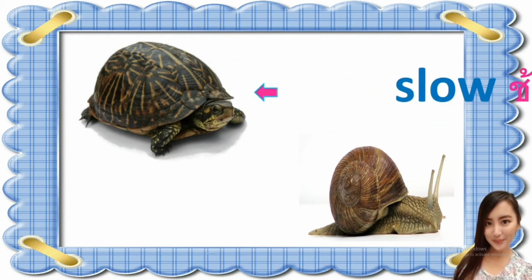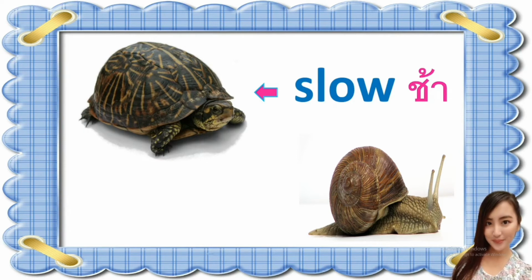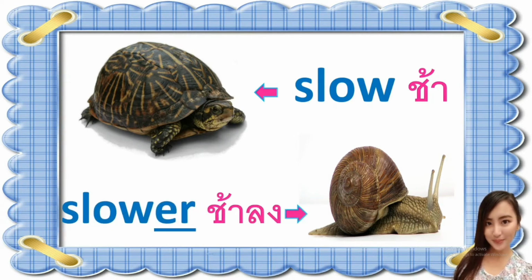Next, slow. So what is the comparative form of slow? Slower, plus ER. So the turtle is slow, but the snail is slower than the turtle.